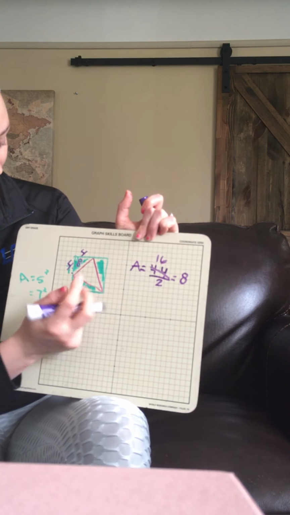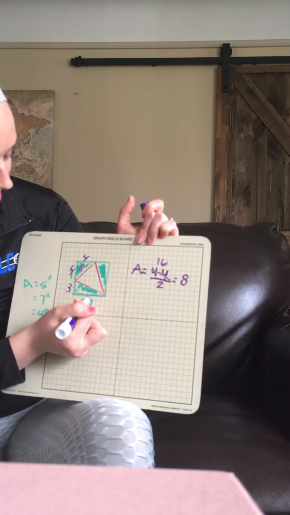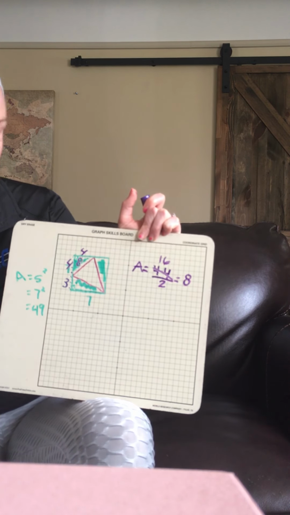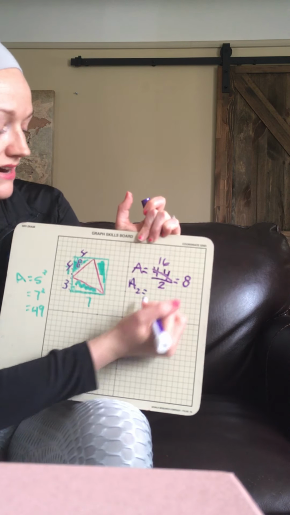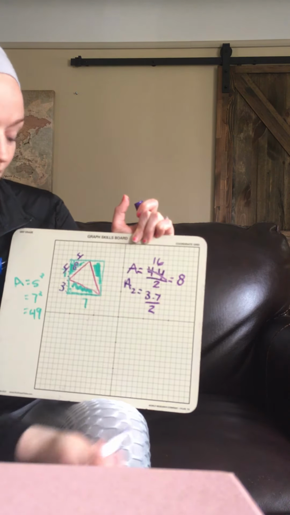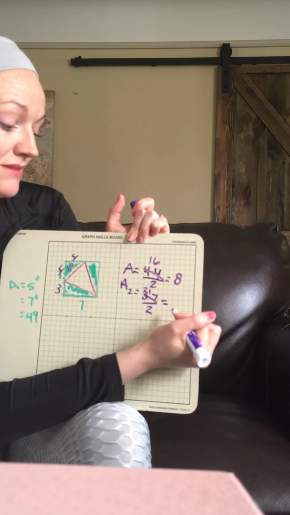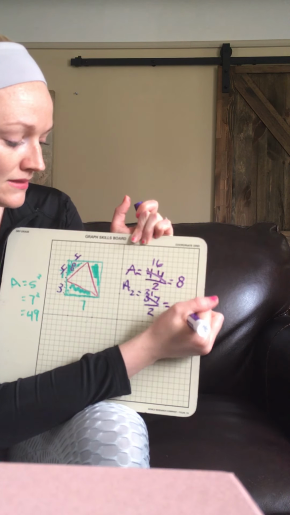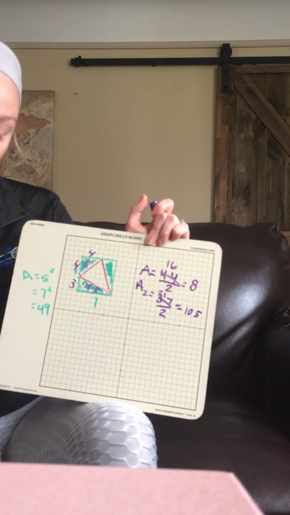I'm going to continue to do the second triangle right here. 1, 2, 3 by 7, because we already counted that earlier. So the area of my second triangle, base times height divided by 2. 3 times 7 divided by 2. 3 times 7 is 21. 21 divided by 2 will give me a decimal of 10.5. So this triangle is 10.5.